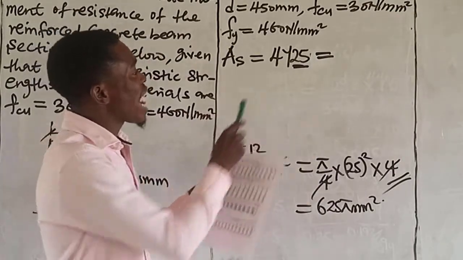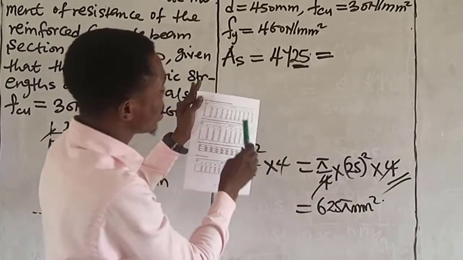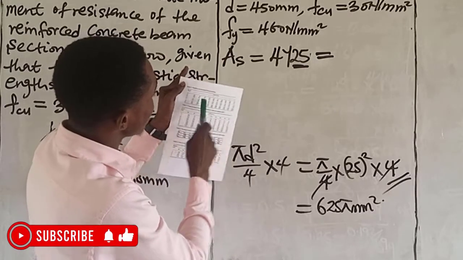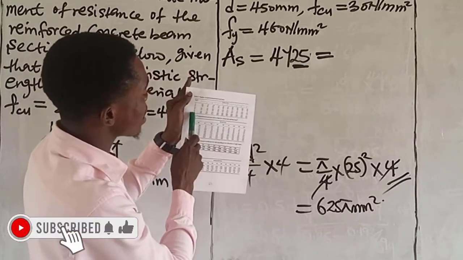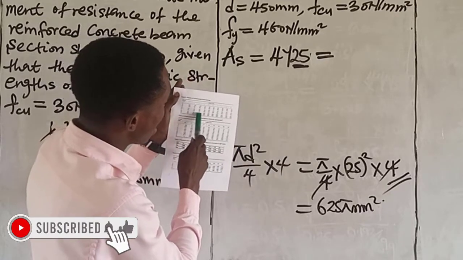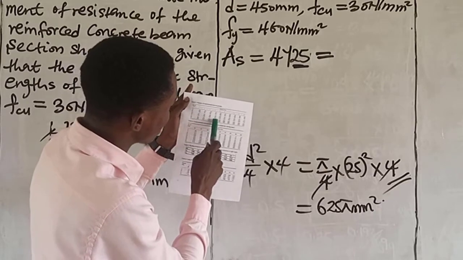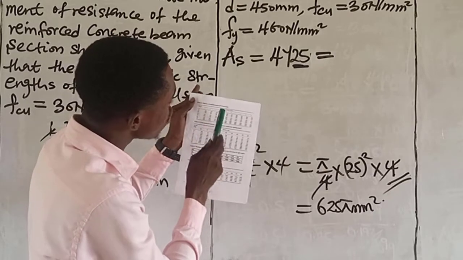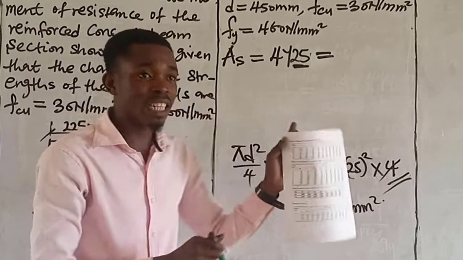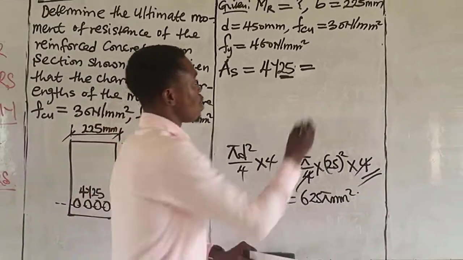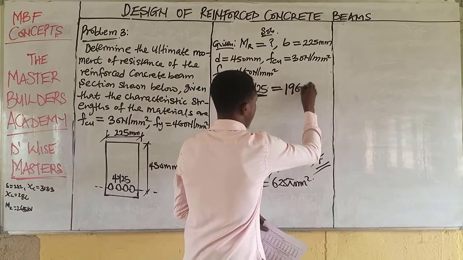Now on this table, I have 4Y25, so I will trace 4 under the number of bars, then trace also bar size 25, and I will check the point of intersection of these two numbers. And the point of intersection, the area we have there is 1960. Are you there? Now, so I will put down the value of this 1960.